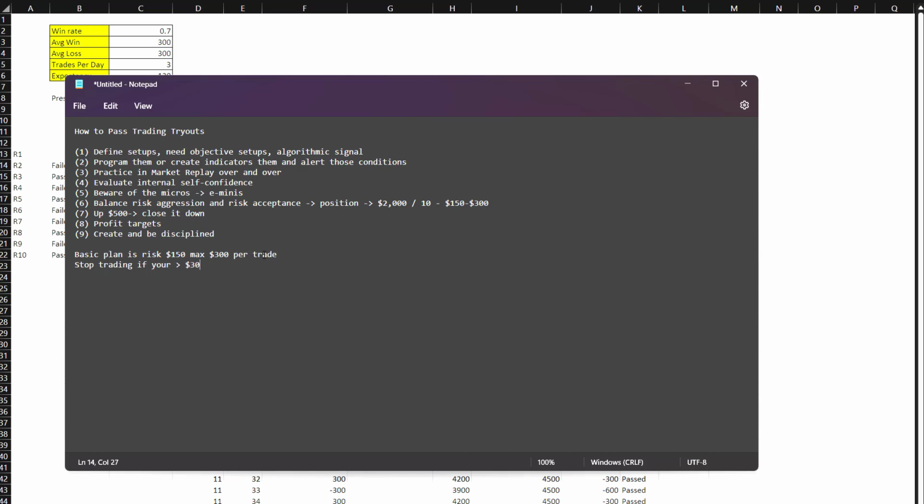The details are not as important as making the plan up, right? You're going to know based on what you hit. But if you're more conservative, okay, stop trading if you're up over $300 in the day. And stop trading if you're down more than $600. Anytime you're down $600, just shut it down.